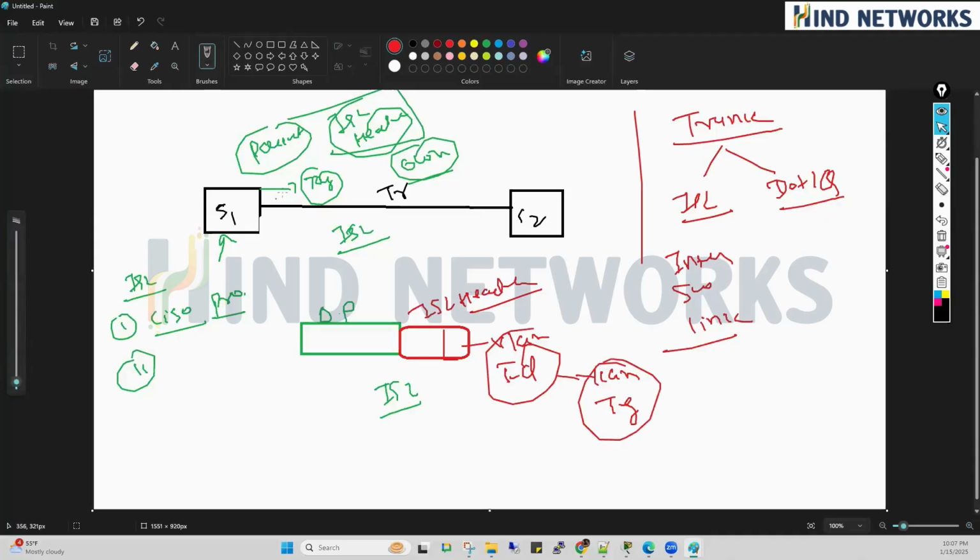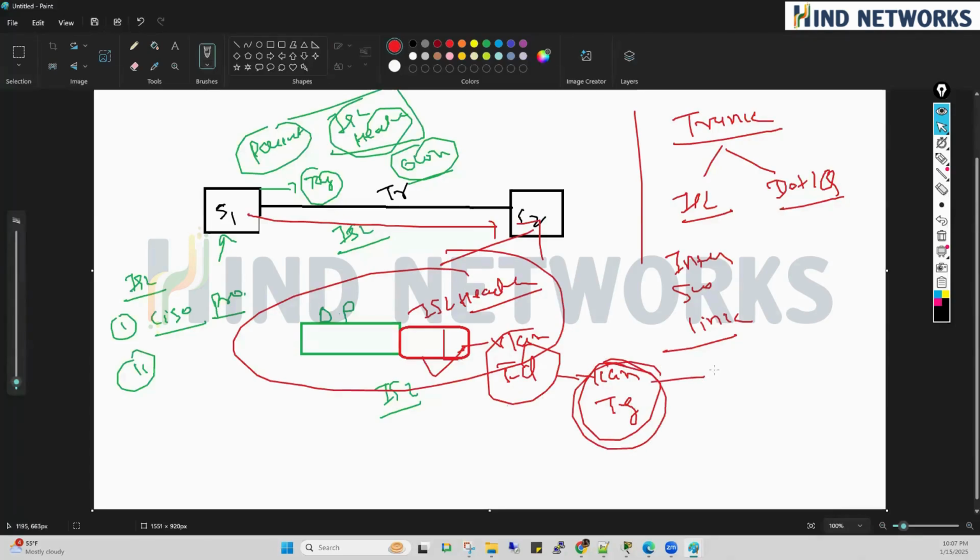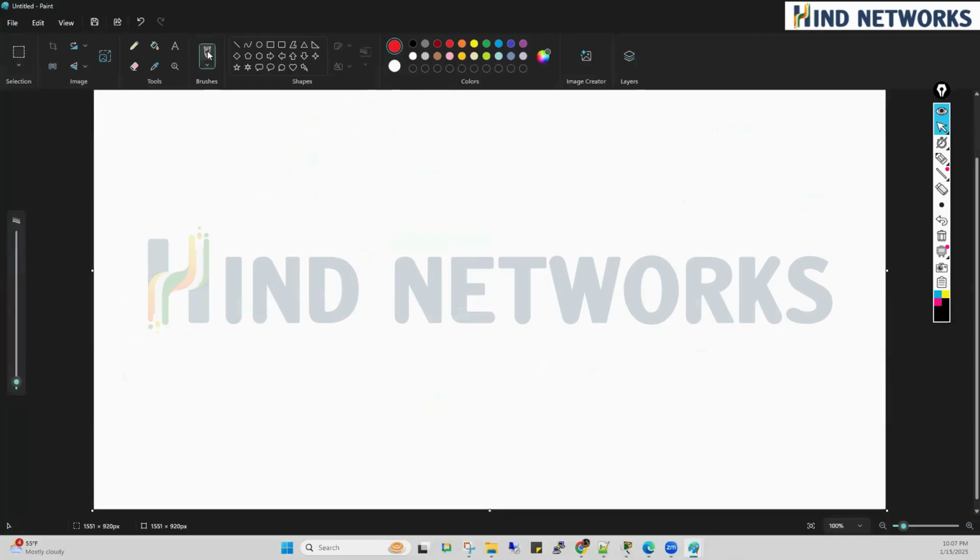Getting my point? So when your destination device receives this packet, it will open the ISL header and check that inside the header, in the VLAN tag, there is VLAN 10. It means I need to forward this packet towards VLAN 10. I hope this is clear to everyone. Understand? So this is called ISL.